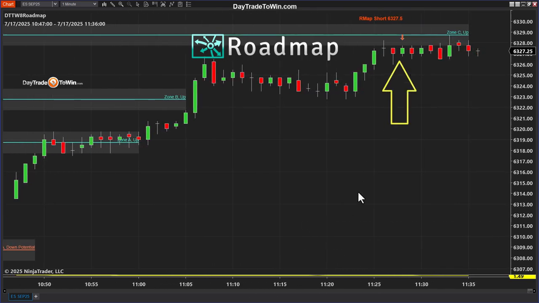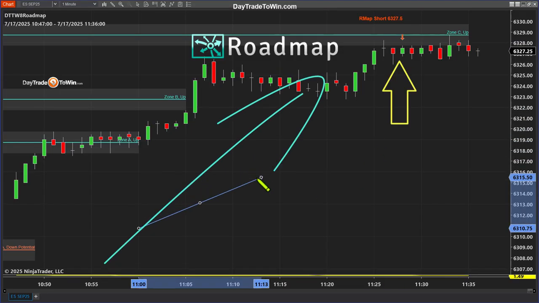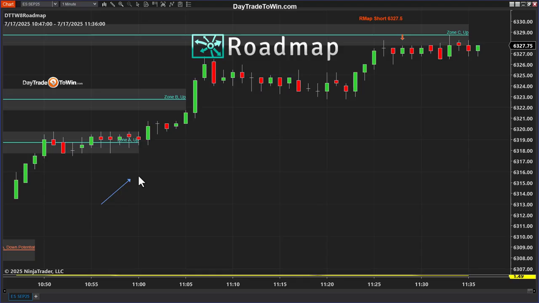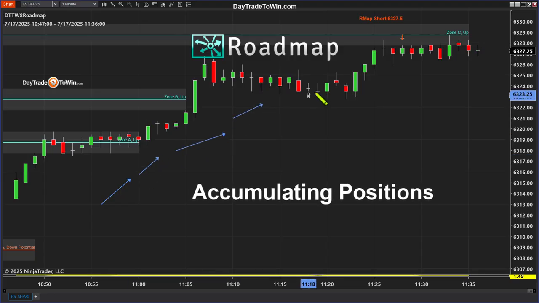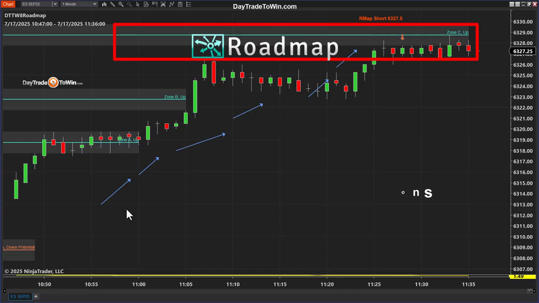And this is a great example. As the market is going up here, you probably are considering where and when the market will take profit. So the way that it works is traders are buying, buying, buying, and they're accumulating until it comes to a point where they want to take profit.